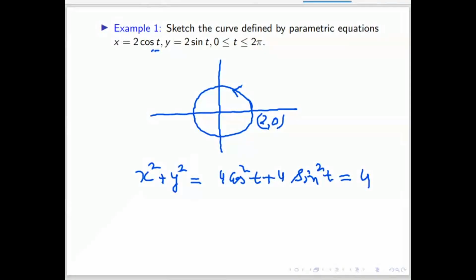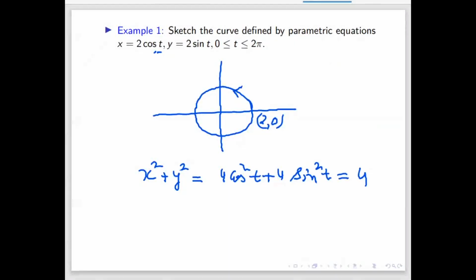In terms of function, I'm just defining a function from domain t from 0 to 2 pi going to R2, and the definition of the function is f(t) equal to 2 cos t comma 2 sin t.